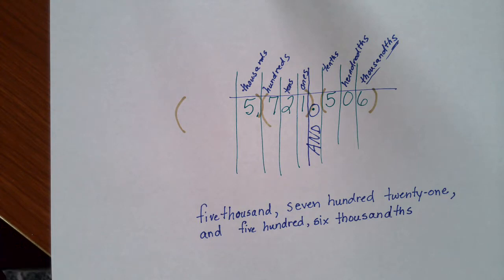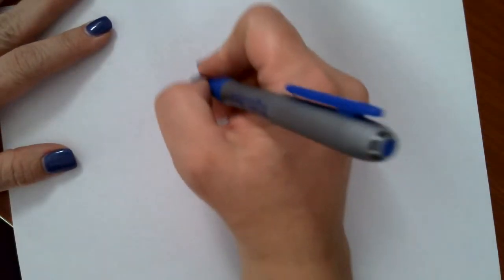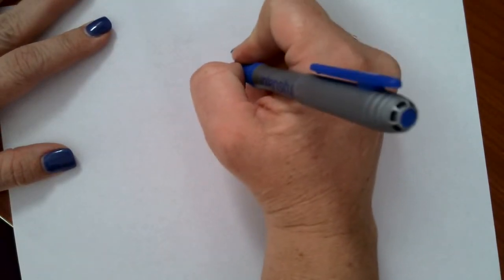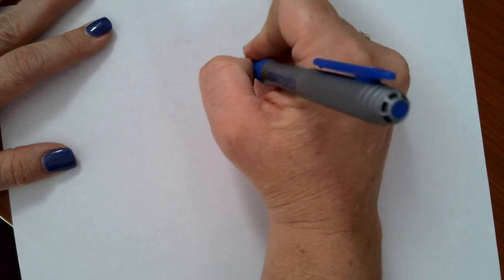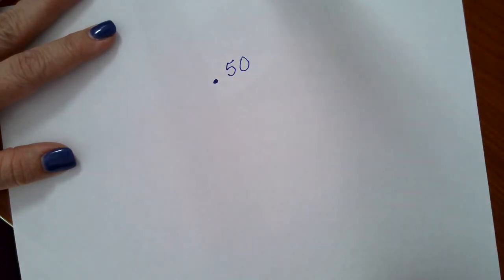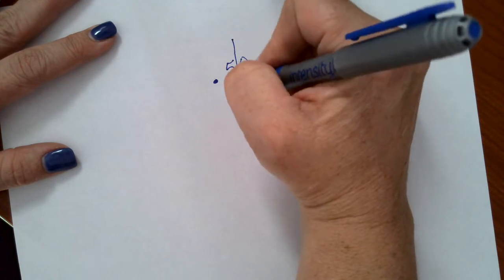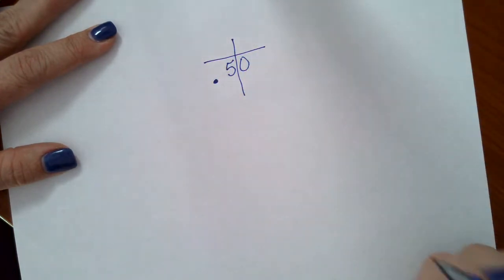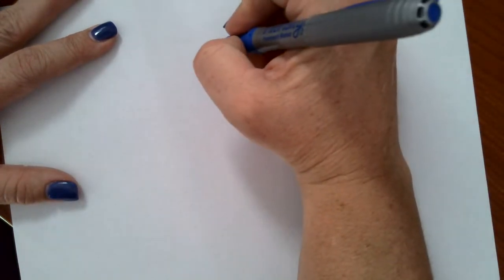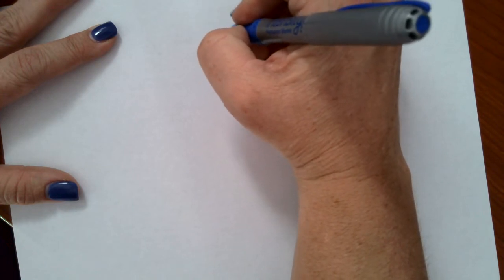Couple things that you need to know. First of all, let's say you have a number that looks like this. Okay? If we do a place value chart, we know that this is tenths.